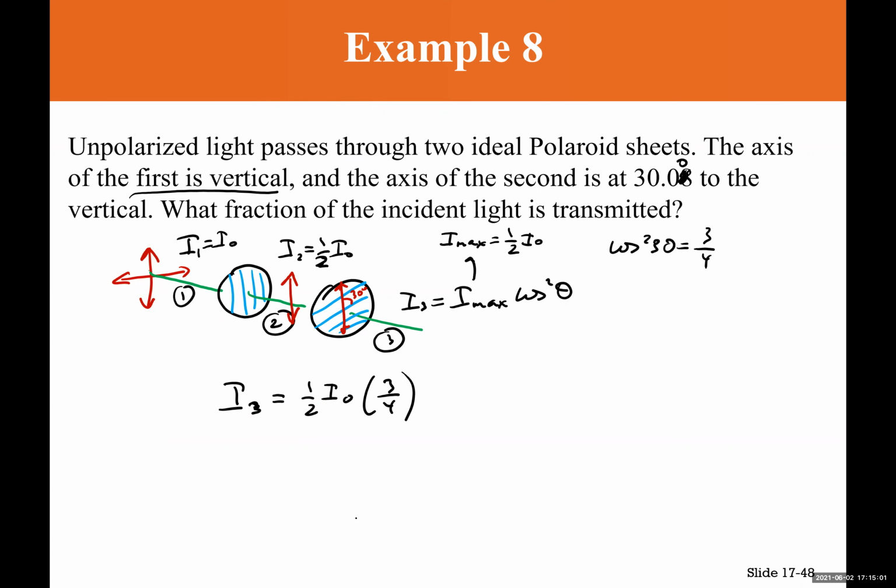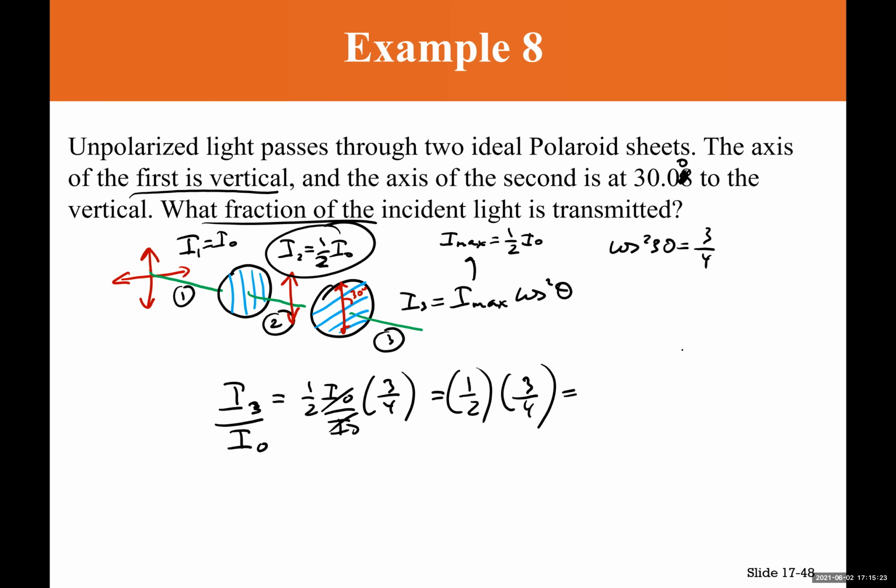But what we want here is what fraction. Again, that means I just do a ratio, so divide both sides by I naught. Then what I get here is 1/2, which is the intensity decrease in region 2, times 3/4, which is the intensity decrease in region 3.